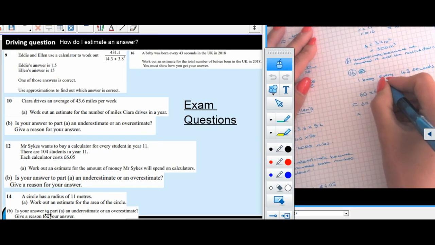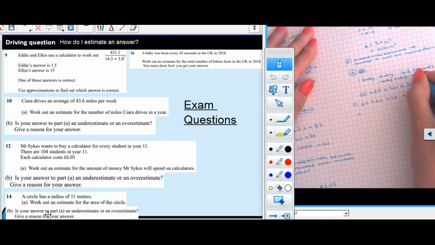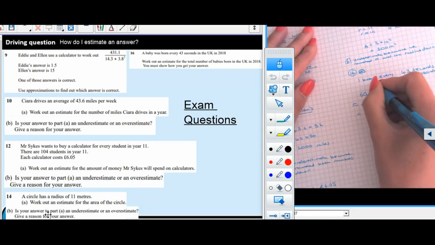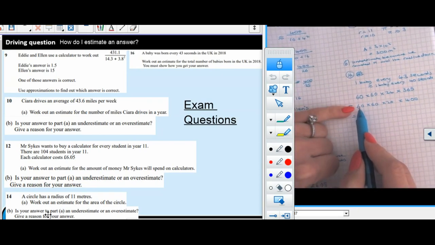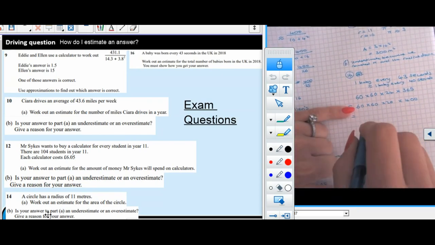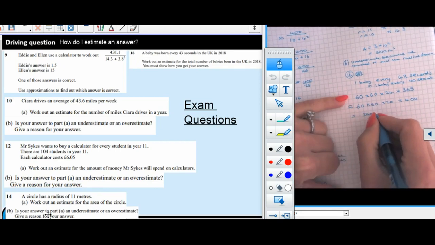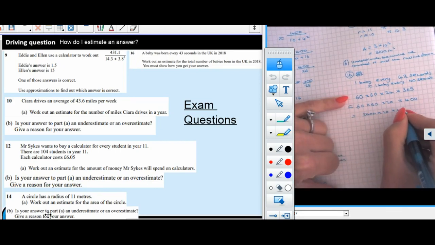And this would be one baby every 40 seconds. 60 times 60 is 3,600 multiplied by 20 multiplied by 400.